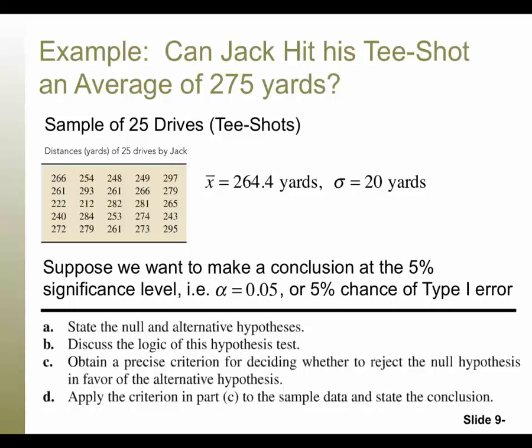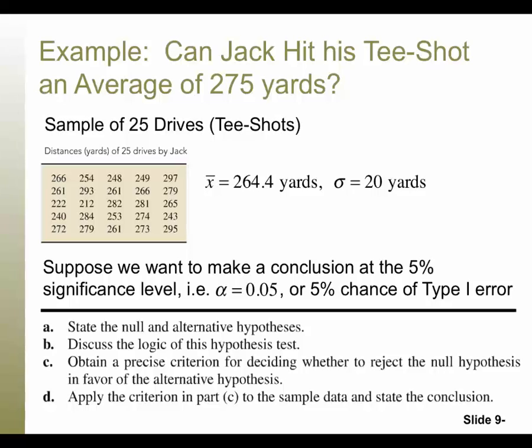And here's the approach when we're doing a hypothesis test. We're going to state the null and alternative hypotheses always. Then let's discuss the logic. We're going to obtain the precise criterion for deciding whether to reject the null hypothesis.